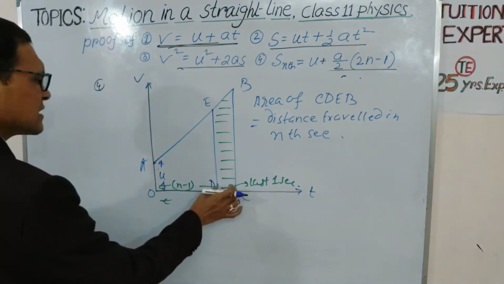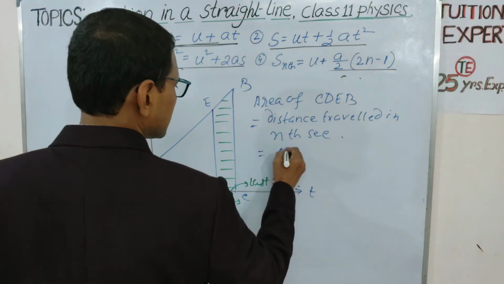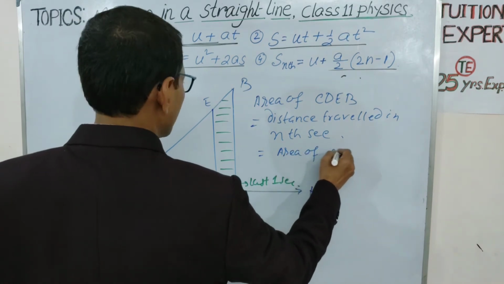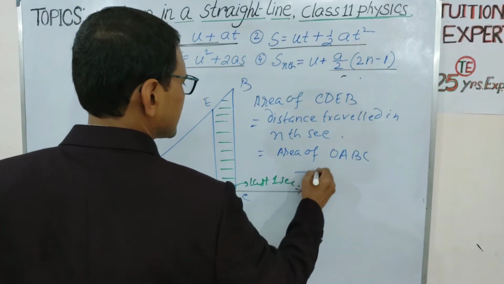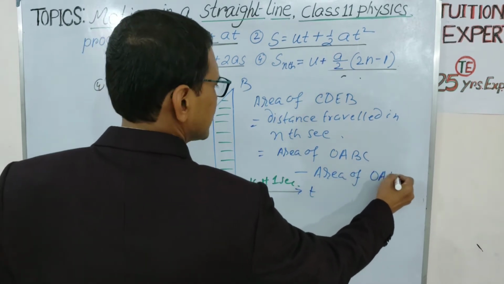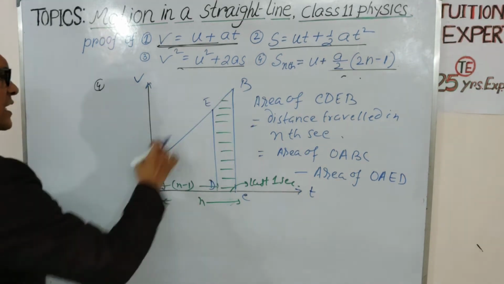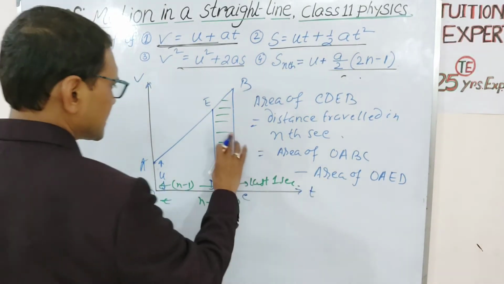The last 1 second is this. Now the area CDEB equals the area of OABC minus the area of OAED. If we subtract the area of OAED from the whole area, then we can get this area.